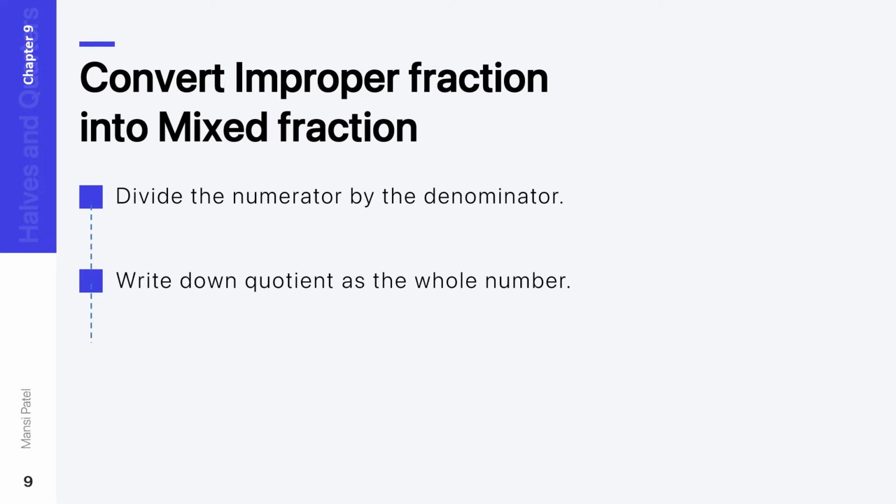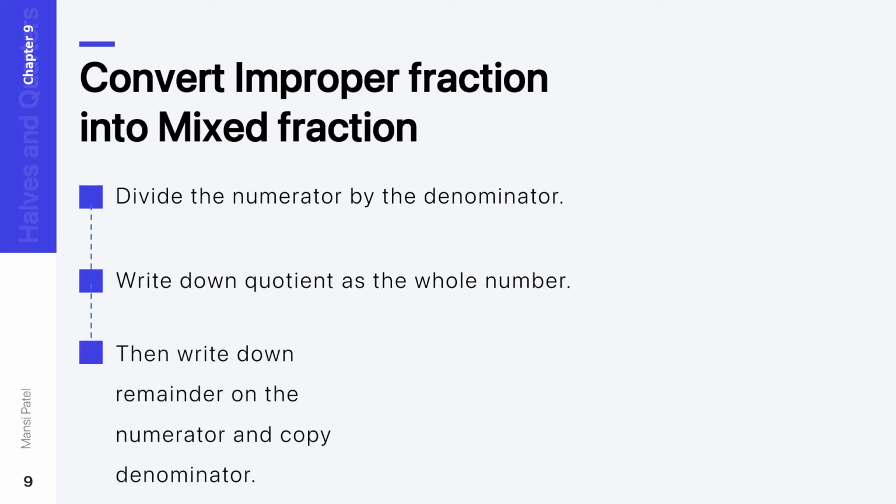When you divide the numerator by the denominator, you get some quotient and some remainder. The quotient is considered as the whole number. And then whatever your remainder is, you write down in the place of the numerator and copy the denominator.